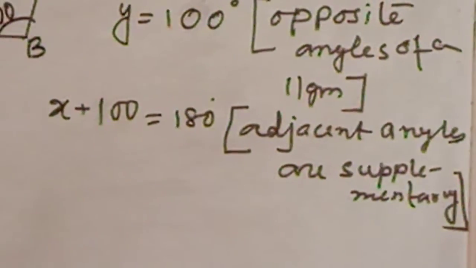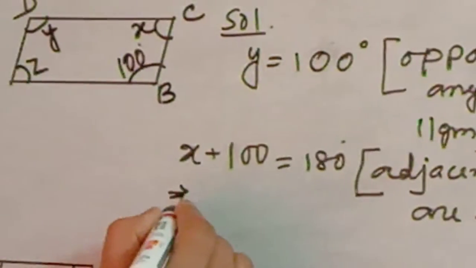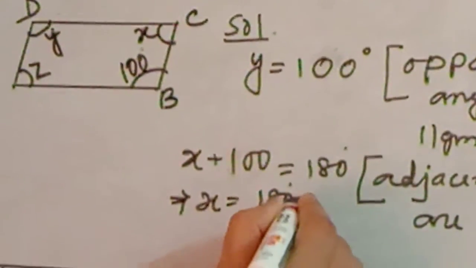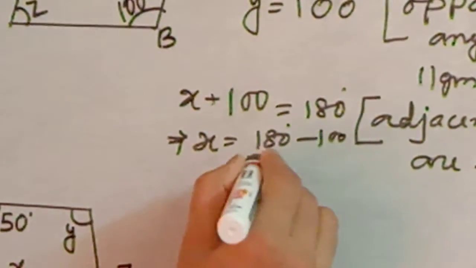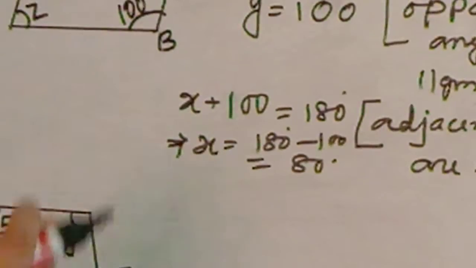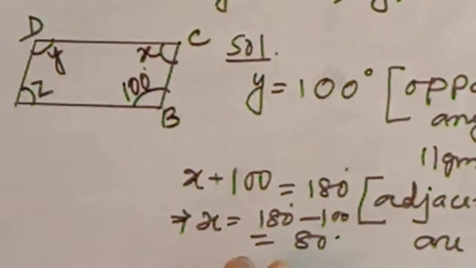Adjacent angles are supplementary, so you can easily find the value of x here. x is equal to 180, by transposing 100 here, it will be 80 degrees. So x is equal to 80 degrees.